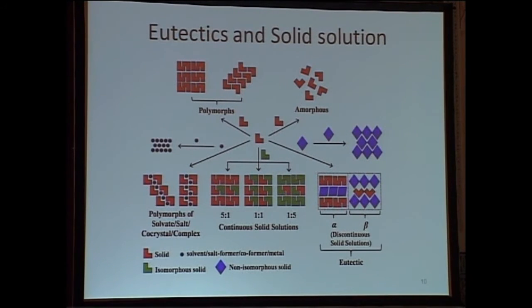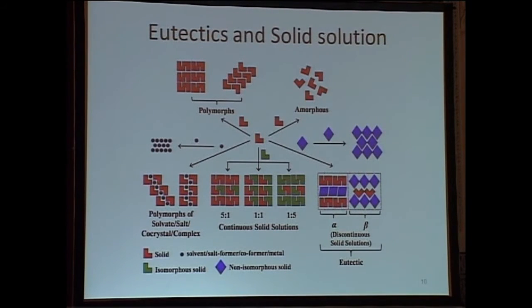The last of these is where the element of symmetry comes in the discussion that I will follow up, which is the eutectics, where essentially in a long-range sense, there is no change in the diffraction pattern or the periodicity or the long-range order, but in a short-range sense, there can be multiple phases of these two components, the red and the purple, where they can have an alpha phase or a beta phase or multiple phases thereof. So one can have polymorphs, one can have cocrystals, one can have solid solutions, and one can have eutectics.